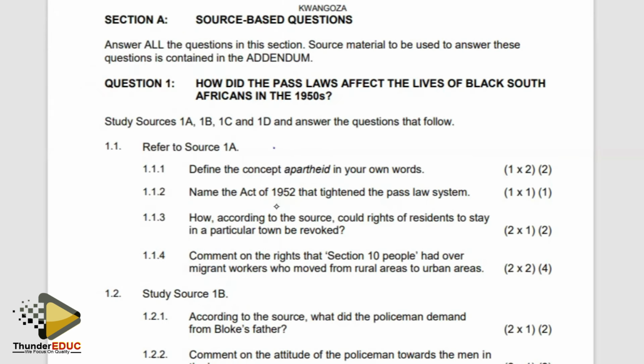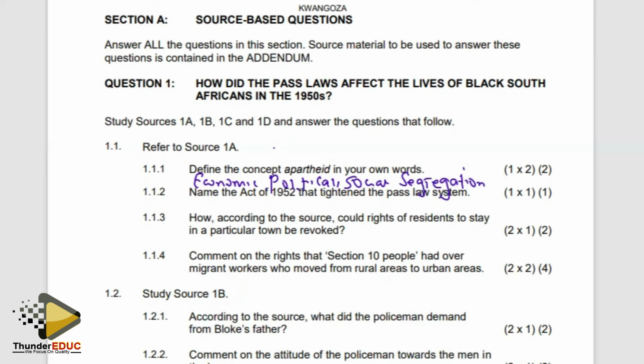You can say apartheid was an economic, political, and social segregation of races based on their skin color.